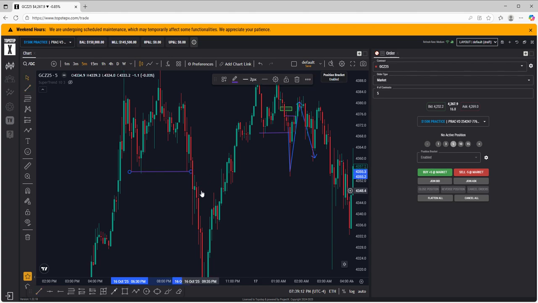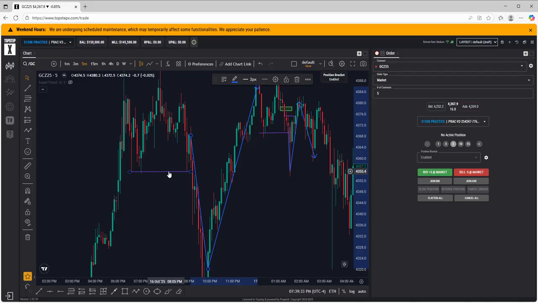Now, if you look at liquidity in equal lows or equal highs, it gets swept. Even in this move, these orders got swept and then what? Reversed.